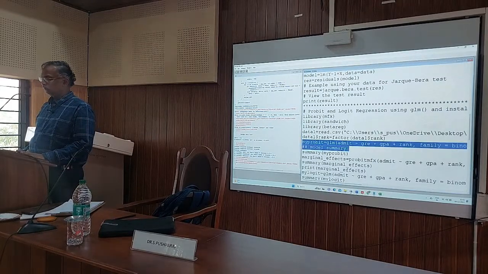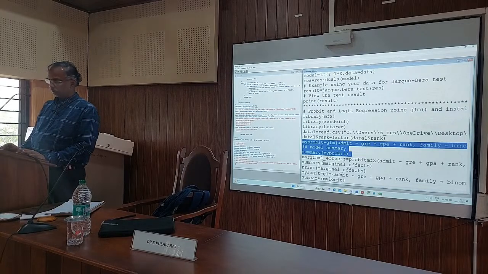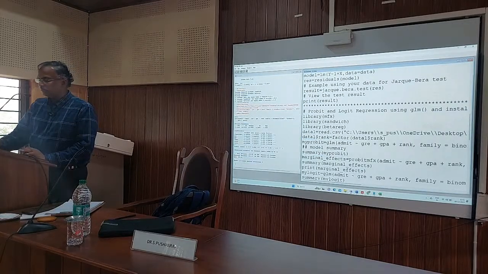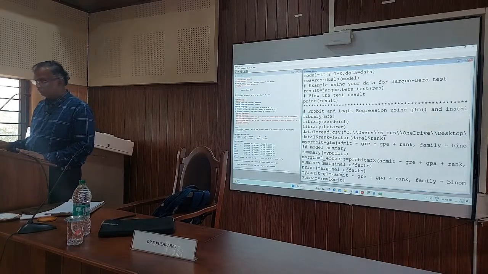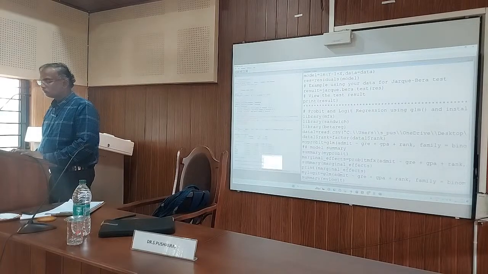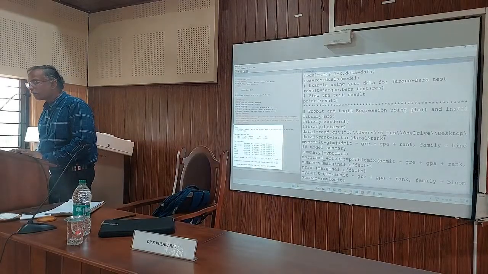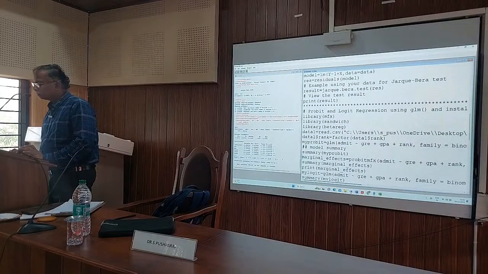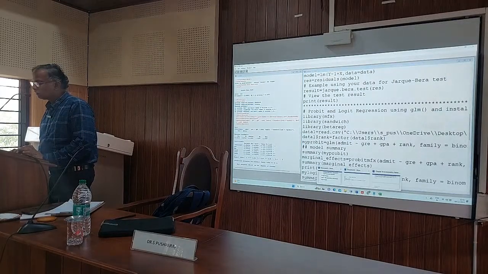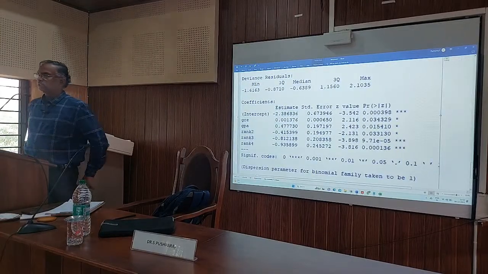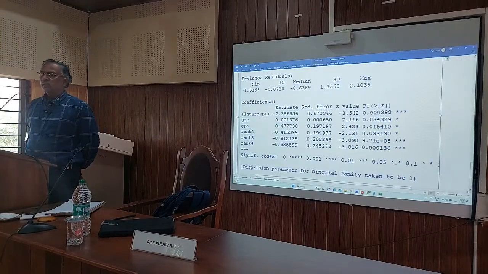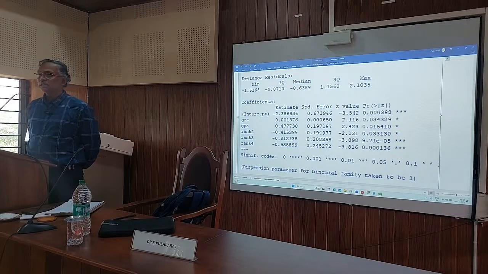I am going to run the probit. So the probit model is run. Let me show the probit model. So this is the probit model. Probit models are run with the GLM function, which is available in our base package.